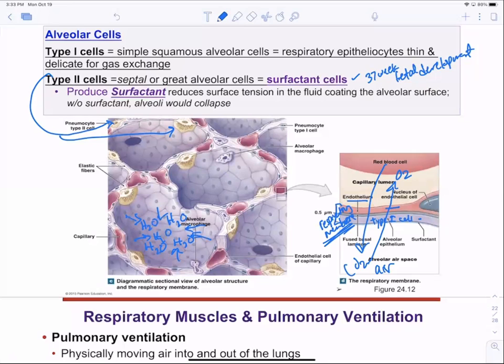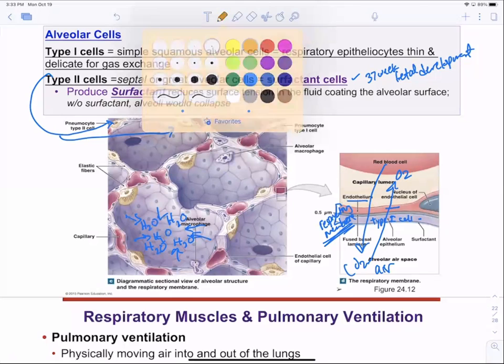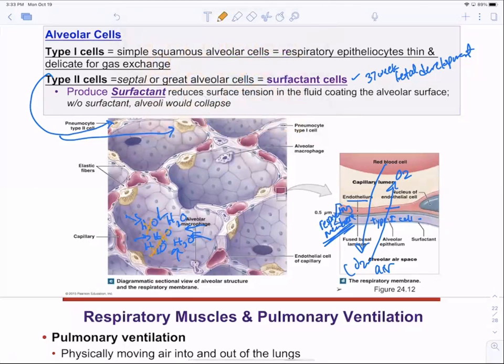And what surfactant does is it comes in and it breaks apart, like a detergent, these water molecules, and so they don't want to stay together. So when the air comes in, it will allow this to expand because those water molecules aren't pulling in and trying to hang out together in the middle of the alveoli. And so surfactant's necessary in order to expand the alveoli because you need a large surface area for gas exchange.